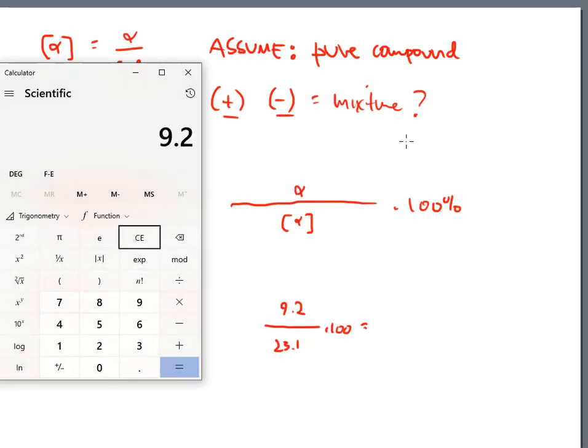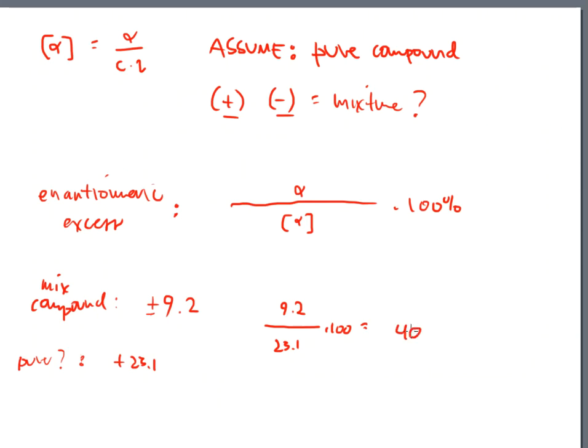So let's take 9.2 divided by 23.1, and then we'll times it by 100, and I get something, let's round it off. Two significant figures. Let's go to 40%. Keep it easy. What does this mean? This means that it is 40% in enantiomeric excess.